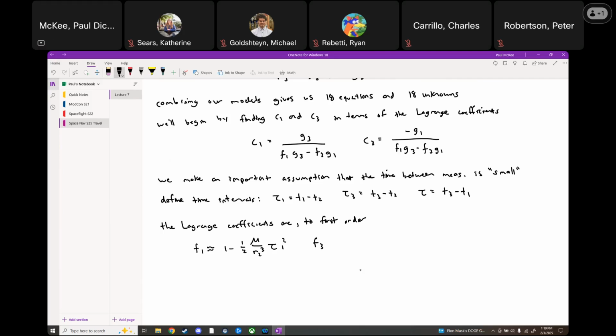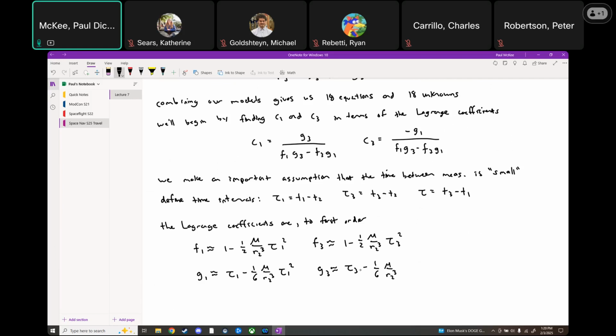And then F3 is approximately equal to 1 minus 1/2 mu over R2 cubed, tau 3 squared. G1 is approximately equal to tau 1 minus 1/6 mu over R2 cubed, tau 1 squared. And G3 is approximately equal to tau 3 minus 1/6 mu over R2 cubed, tau 3 squared. So as ugly as this looks, we skipped a lot of even uglier steps to get here.